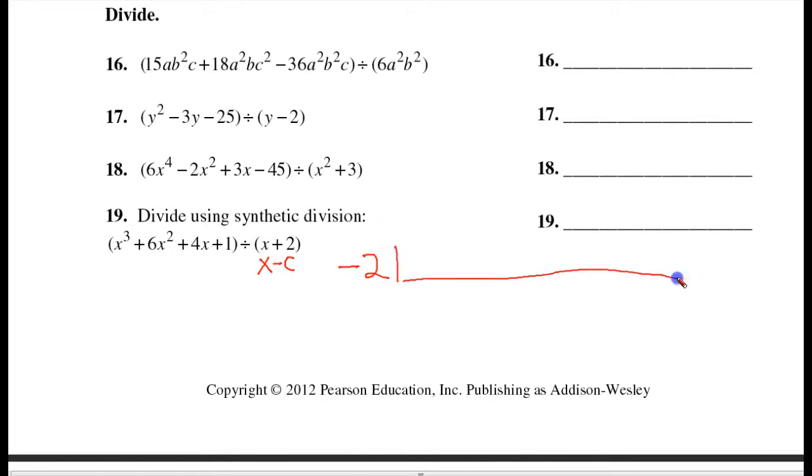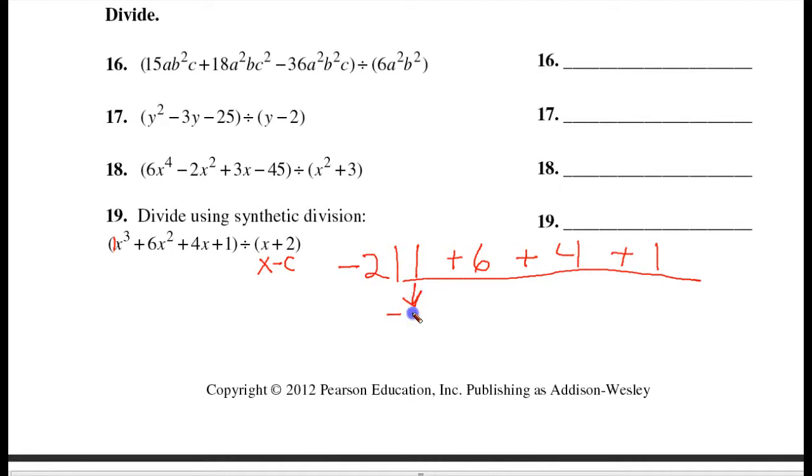And then we put an upside down division sign here. And we just take the numerical coefficients of our numbers. So this is a 1 plus 6 plus 4 plus 1. Some textbooks don't put the pluses there, but it's okay to do that.